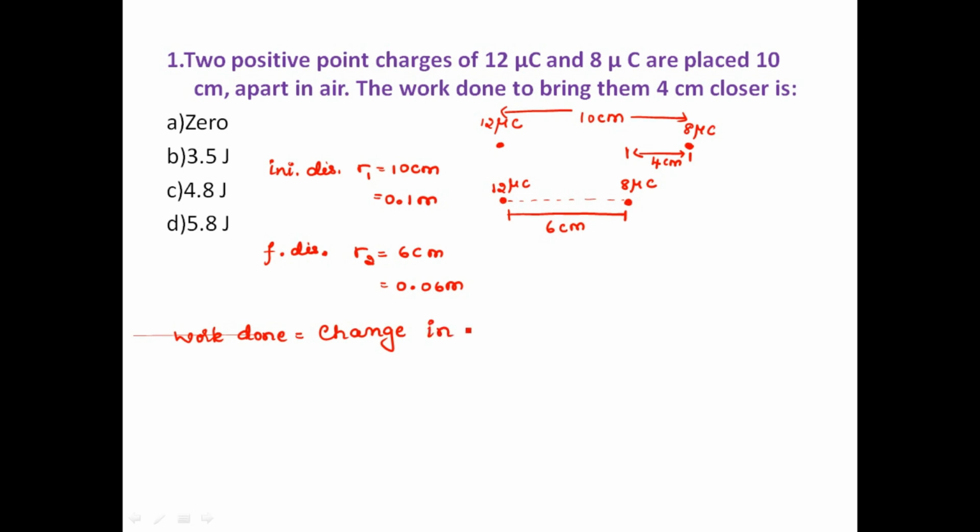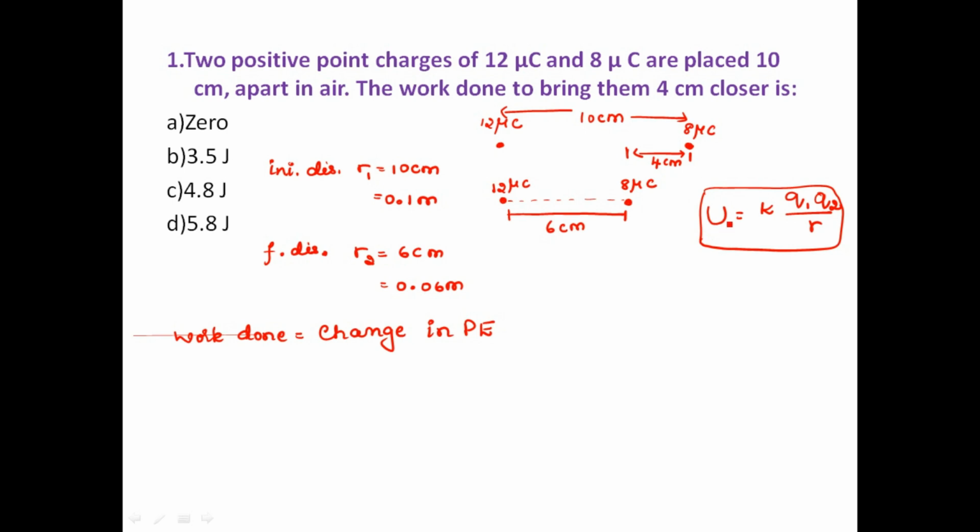What is the expression for potential energy between two charges at a certain distance? U is equal to K Q1 Q2 by R. This is the expression we have.